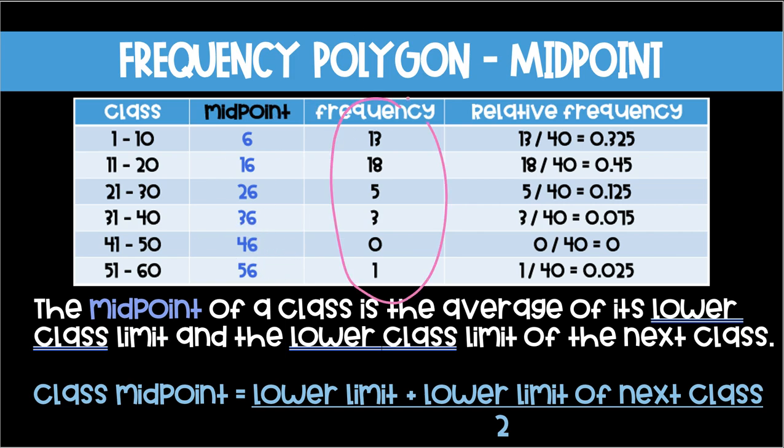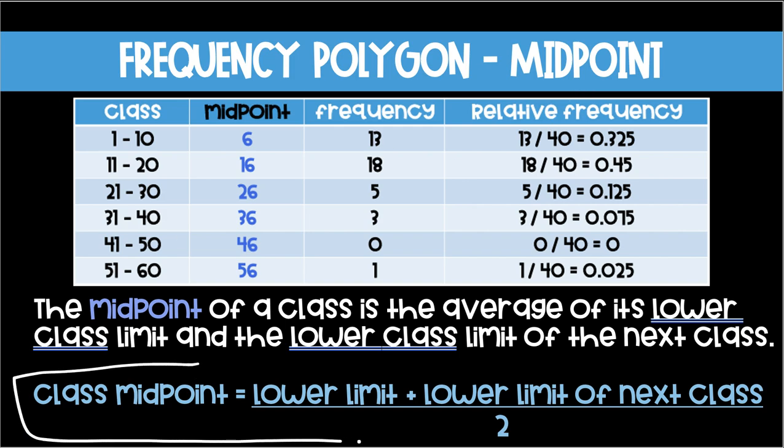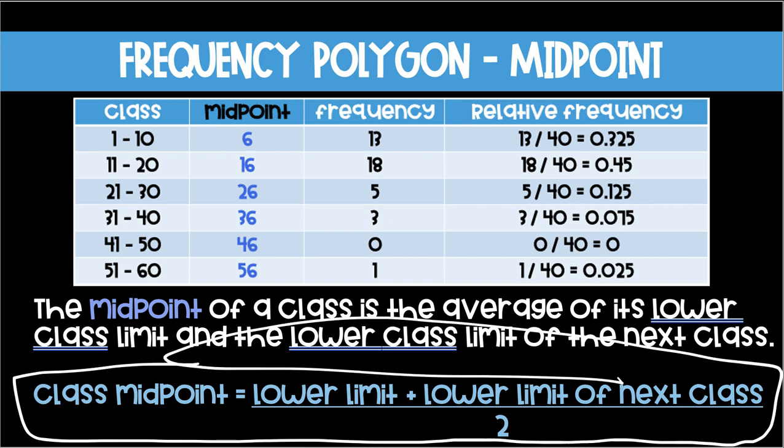We use the exact same frequency from those classes. And if you want to find the relative frequency, you can too. Same thing with the histogram. If it's a frequency polygon, we use the frequency. If it's a relative frequency polygon, we use the relative frequency to construct it. And just so you can have it, the class midpoint will be the lower limit plus the lower limit of the next class, divided by 2.